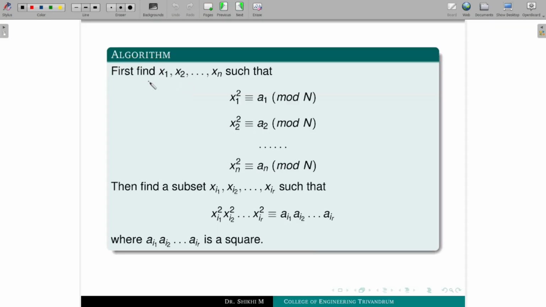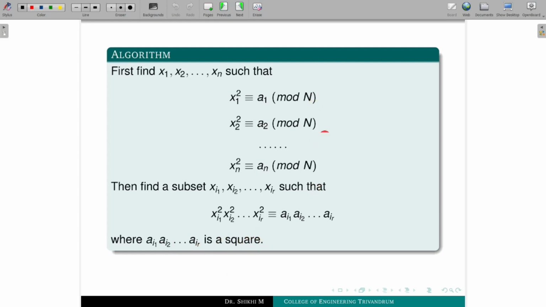The algorithm is, first we find x1, x2, etc., xn such that x1 square is congruent to a1 mod n, x2 square congruent to a2 mod n, etc., xn square congruent to an mod n. We will find such congruences starting with x equal to square root of n. Then find a subset xi1, xi2, etc., xir of this set x1, x2, etc., xn such that xi1 square into xi2 square into etc. xir square is congruent to ai1, ai2, etc., air, where this ai1, ai2, etc., air is a square.